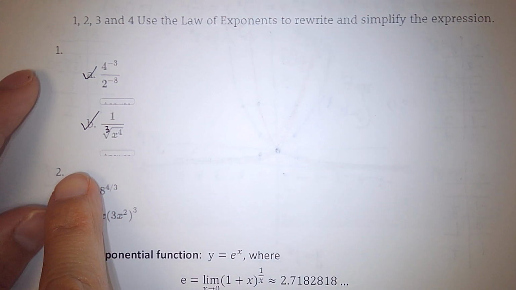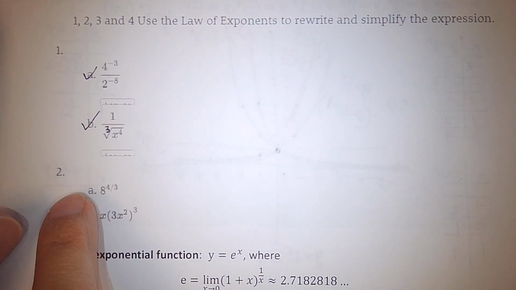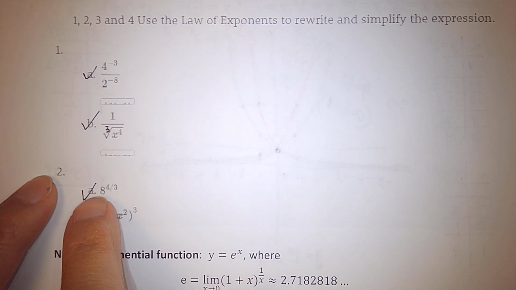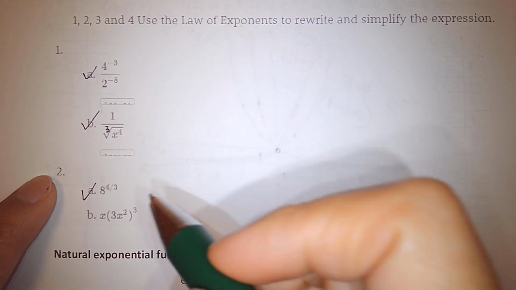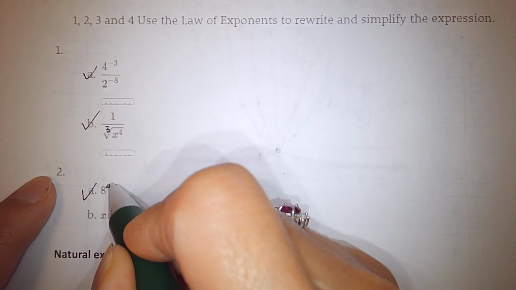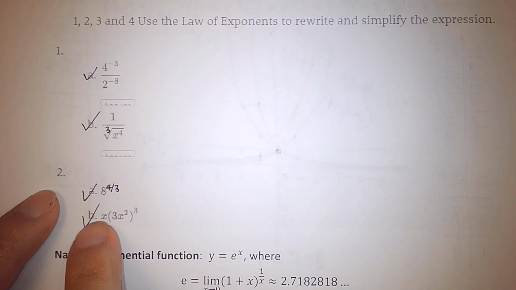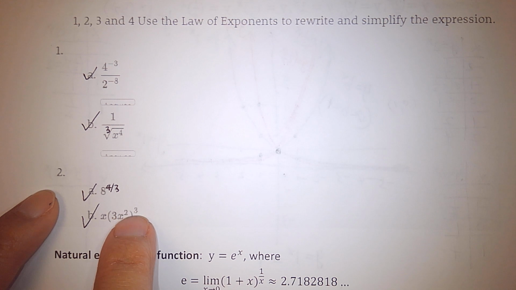It looks like question 1, question 2, A and B, but it doesn't matter. This is A from question 2: simplify 8 to the 4/3 power. Question B: simplify x times 3 times x squared, then cube.